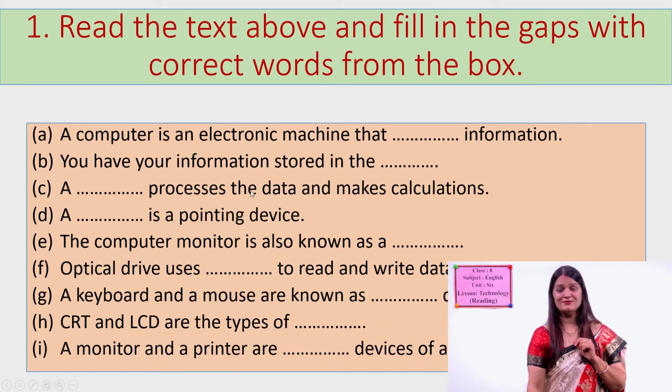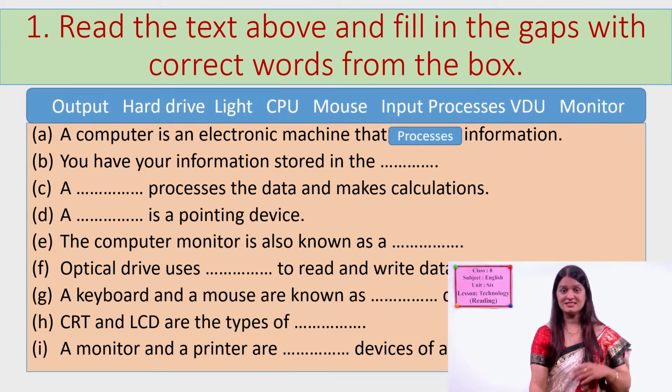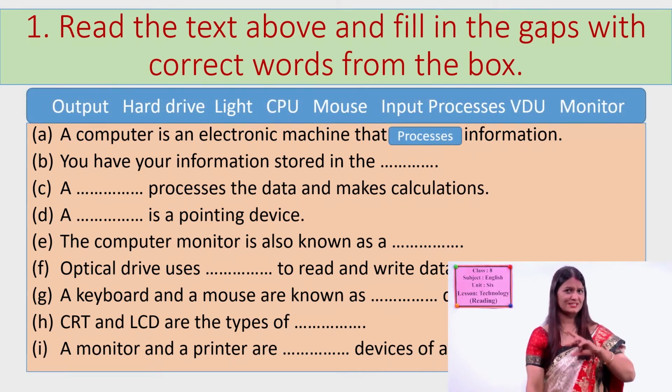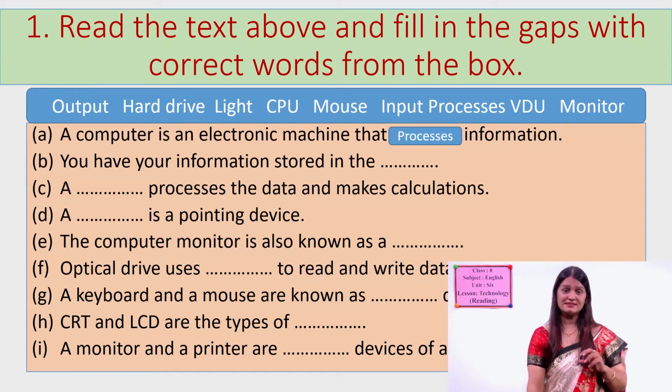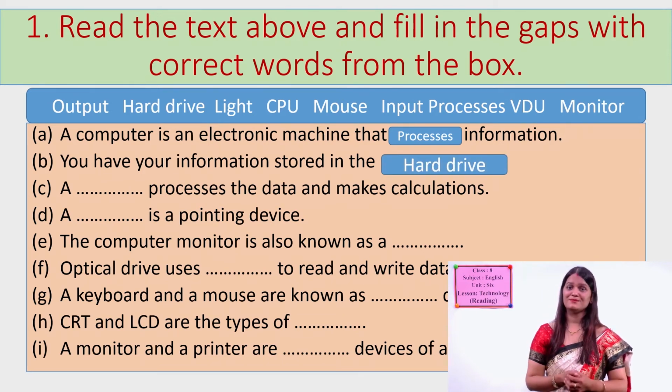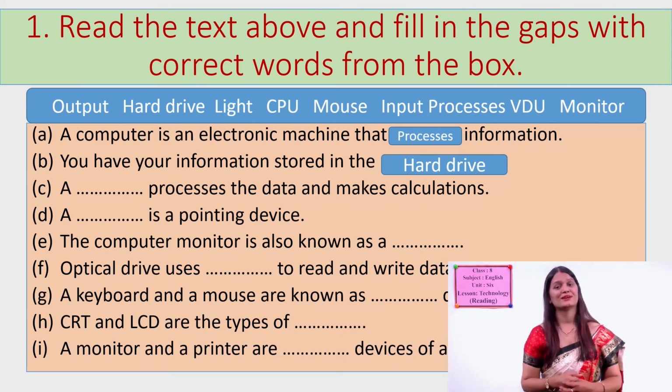So instead of another word, here is information. In this way, you have to find the correct sentence there. Some words are changed, but you can understand the meaning of the whole sentence. So your information is stored in the hard drive. Okay, in this way you will do.